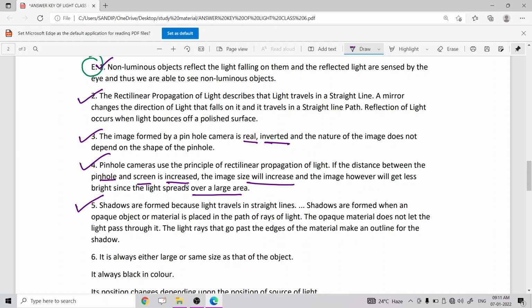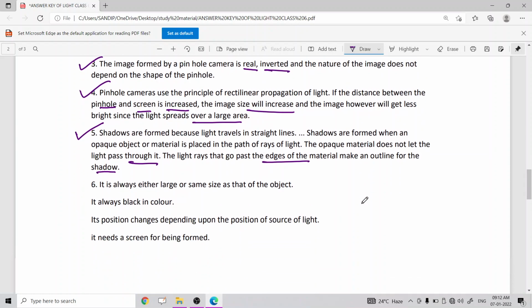When an opaque object is placed in the path of rays of light, the light gets blocked and we get a shadow of the opaque material, because an opaque material does not let the light pass through it. The light rays that go past the edge of the material make the outline of the shadow, and the complete area in which light gets blocked is the shadow region.